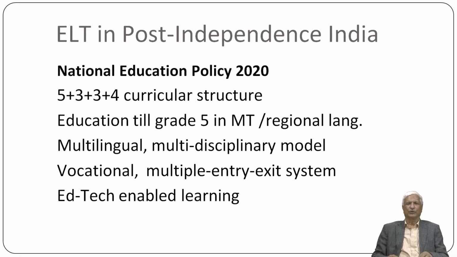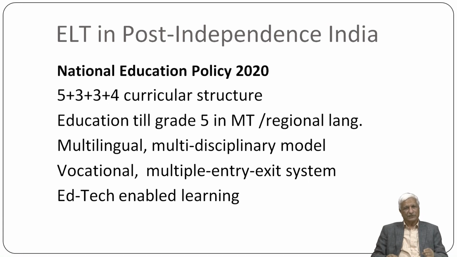The first thing to be noted is that during the first 5 years, the instruction should be provided in mother tongue or regional language as medium of instruction. What it means, however, is that English can be, and practically it will be, one of the things that children learn, because we are told that our learners should be multilingual.